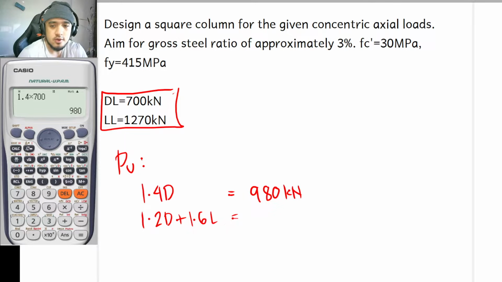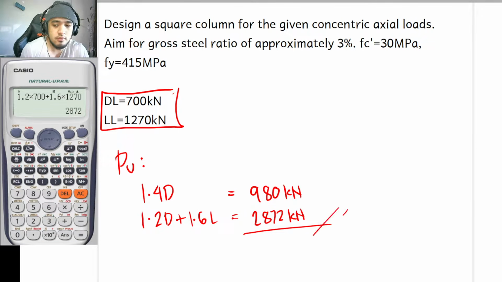As for the second one, that is 1.2 times 700 plus 1.6 times 1270. That will now give us a Pu of 2872 kilonewtons. As per these two values, we can say that this one is more critical. Thus, that is the value for Pu that we will be making use of in our problem.